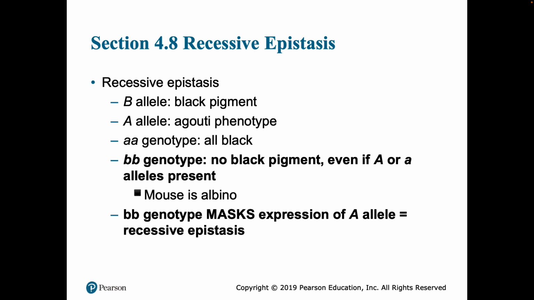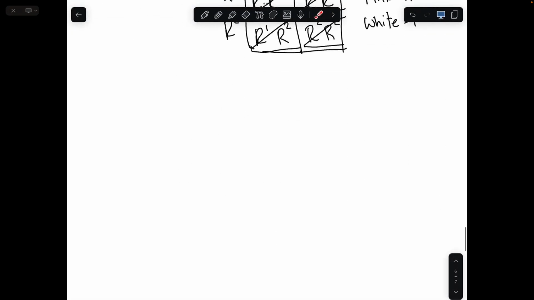And so the example that they're giving here is, again, in mice with their agouti phenotype. This is not the same as the agouti in yellow. This is not that mutant yellow. This is the agouti dominant and the irregular recessive. And so we'll look at this on my screen. We'll draw this out.